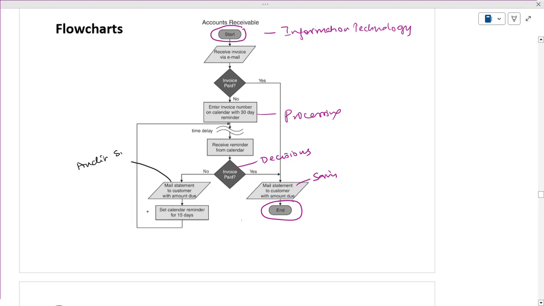It's not going to have any audit significance. But in the flowchart we will incorporate that. Now when we have incorporated it, again we have to say if it is yes or no.